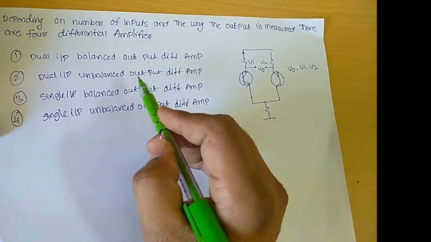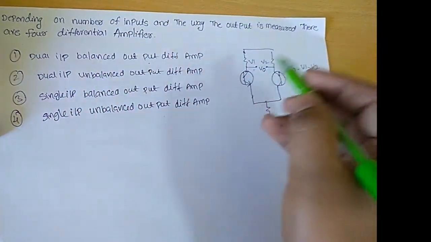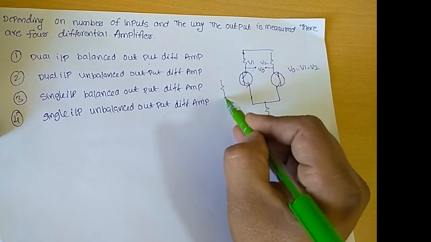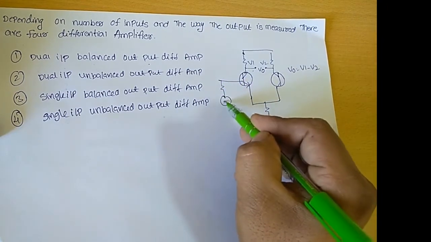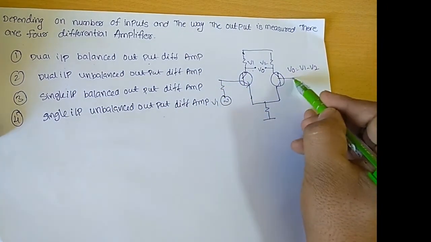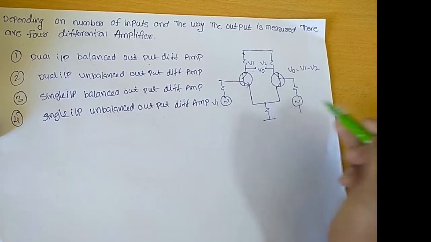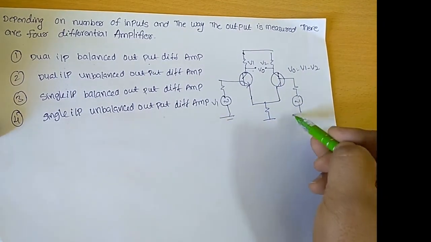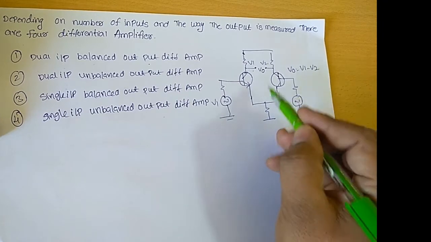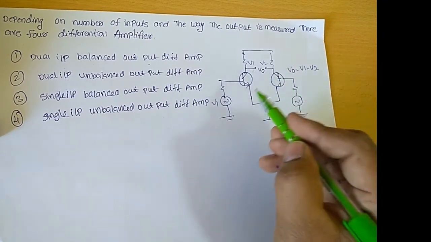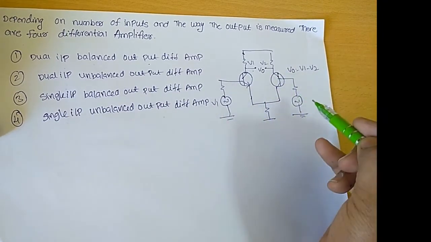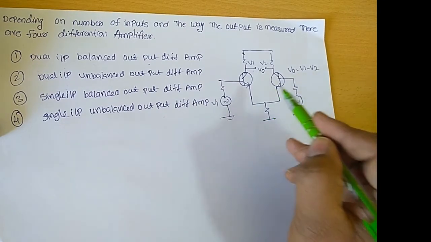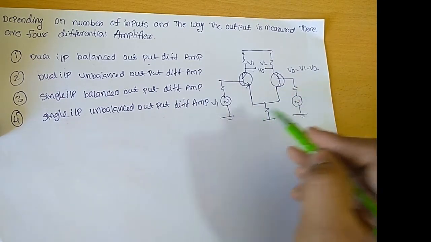Next, what is the dual input? In this circuit we apply both the input voltages, that is V1 and V2. So this is called dual input balanced output. If we apply both the input voltages to these 2 BJT circuits, that is called dual input.